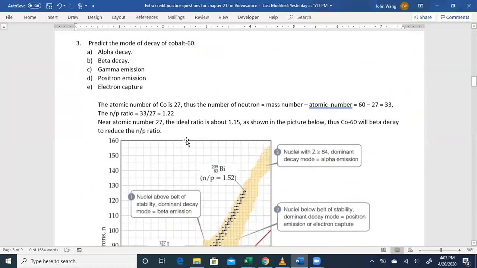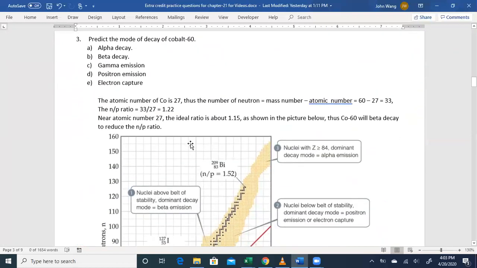Okay, so question number 3 is predict the mode of decay of cobalt 60. For those type of problems, you pretty much just look at the ratio of the neutron to the proton.